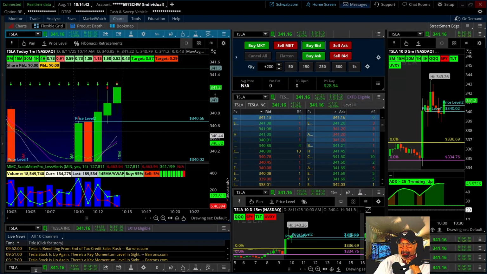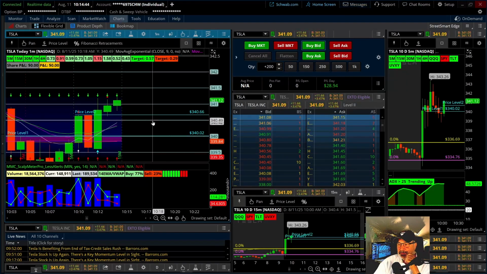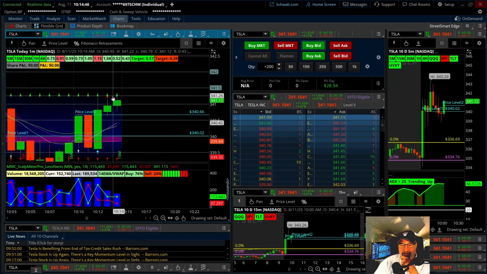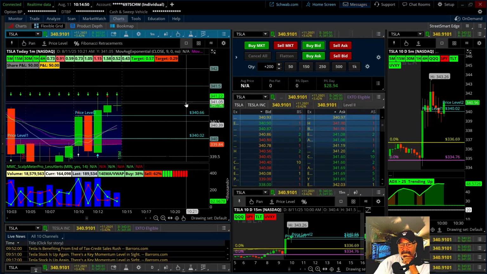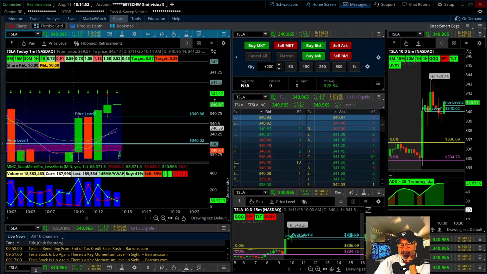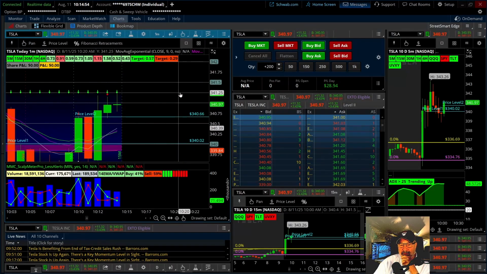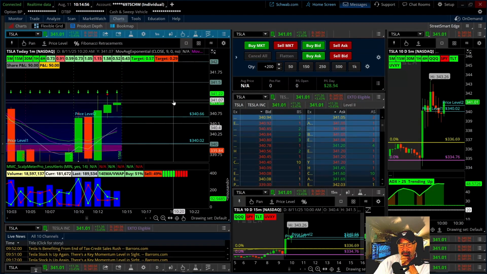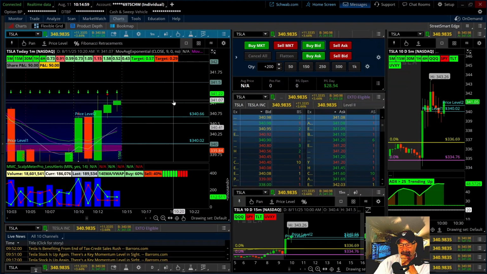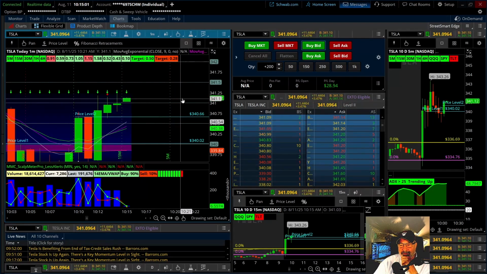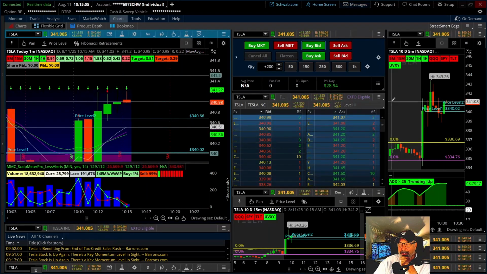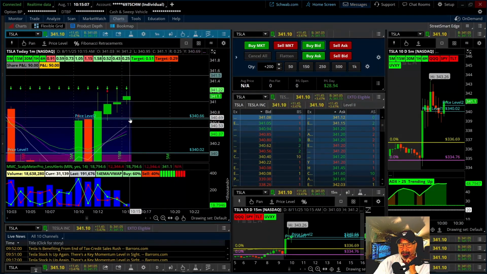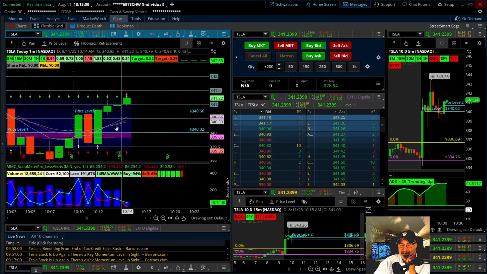So there's the magnet high, at the 50% range right there. The way that it hurt me going long is making me not go long, because I got stuck down here.